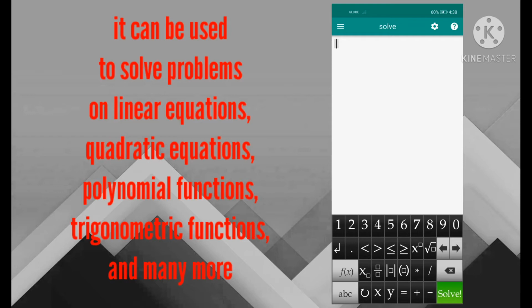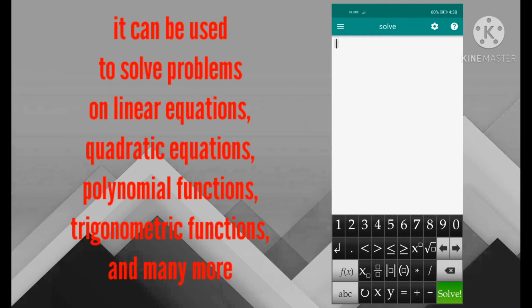Pwede rin po siya sa operations on algebraic expressions, pwede rin po siya sa operations on rational expressions o dun sa pag-a-add, pag-subtract, pag-multiply, at pag-divide natin sa ating mga fractions. So, pwede ito. Na? Okay.